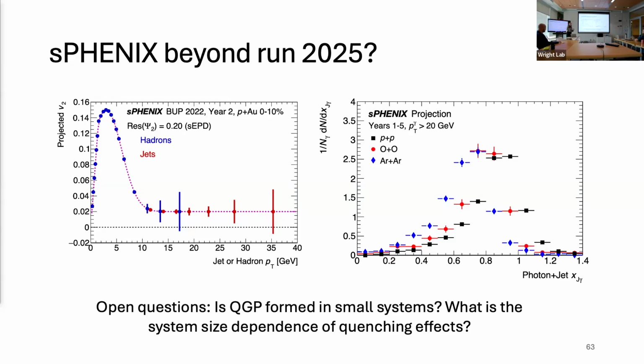And so there are these questions. sPHENIX could do measurements like the v2 of jets in small systems like p+Au. It's also interesting, if you're looking at p+Au, to look at an intermediate system. So looking at something like oxygen, where you could take some data and have something that's in between p+Au and Au+Au.